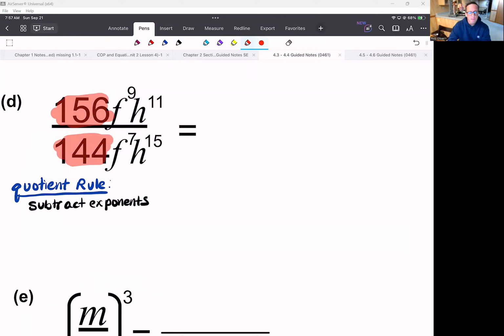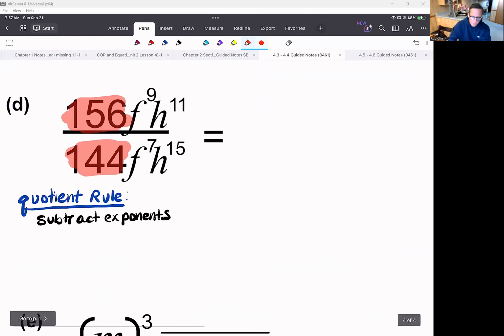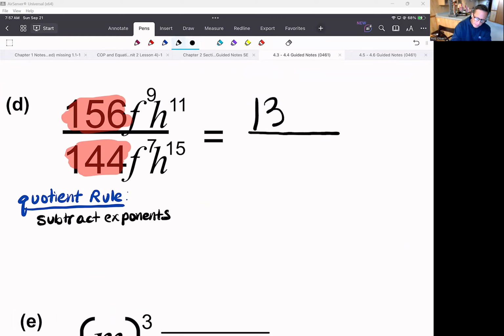So we have 156 over 144. I think those divide by 12, right? Yeah. 156 divided by 12 is 13, isn't it? It is, 13. So I'm going to put 13. And 144 divided by 12 is 12. So that becomes 13 twelfths.